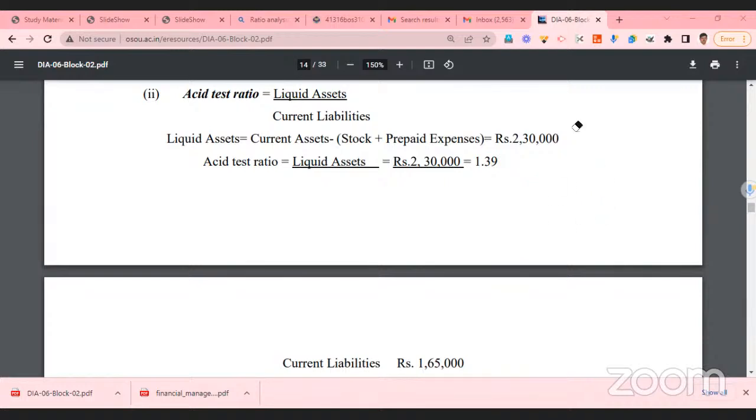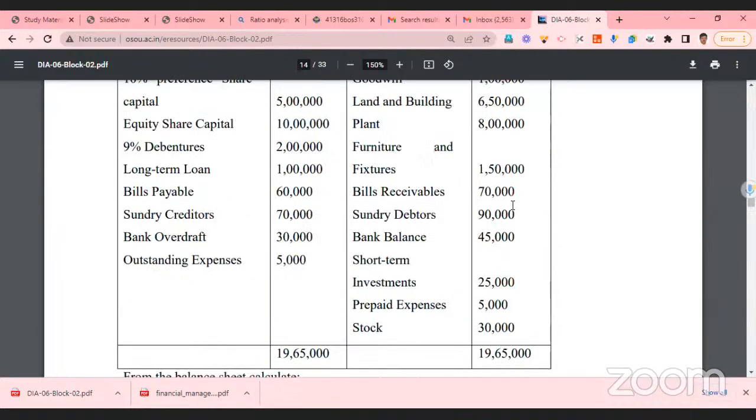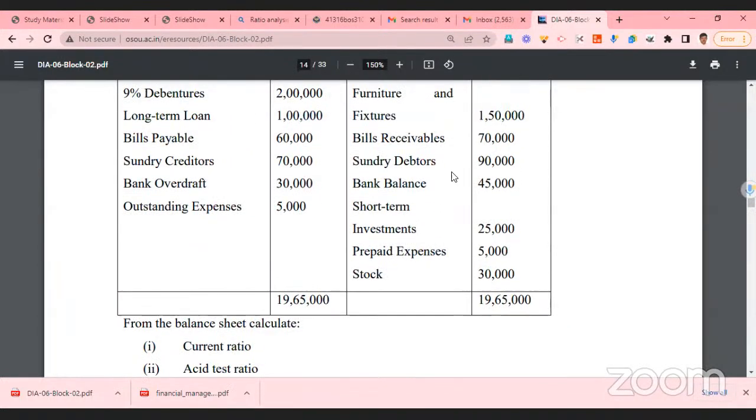Now the third ratio is absolute liquid ratio. They will consider only absolute liquid assets. There are only two absolute liquid assets in the given problem. What are the absolute liquid assets here? Bank balance and investments. Bank balance is 45,000 and short-term investment is 25,000.